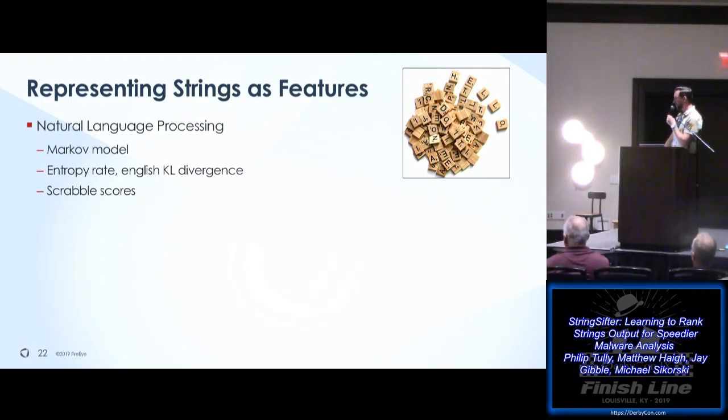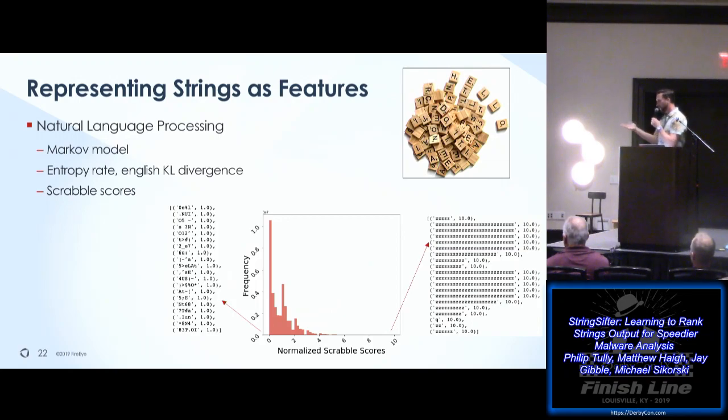Voila, you have a normalized Scrabble score. This produces something like this, where you have strings with characters that occur very commonly on the left-hand side, and strings with very rare characters on the right-hand side. Lots of Z's, lots of Q's on the right-hand side, and those are also indicators of garbage. We don't really care about those. So we have another sweet spot in this space, right?